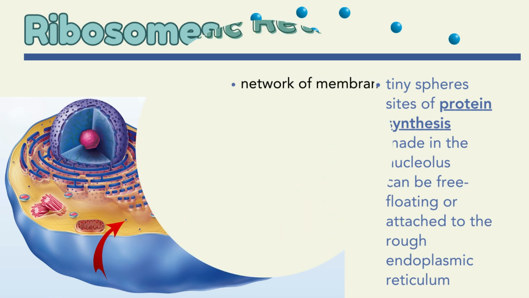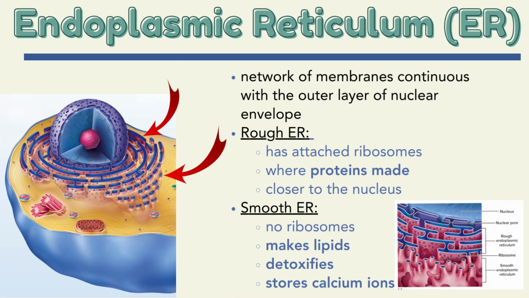The next organelle is the endoplasmic reticulum. These are a network of membranes continuous with the outer layer of the nuclear envelope. The endoplasmic reticulum can be rough, meaning ribosomes are attached, or smooth, meaning it does not have ribosomes.